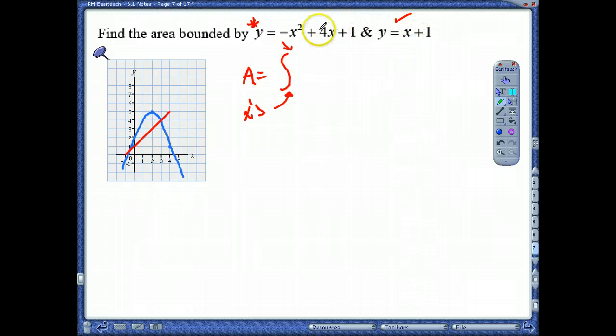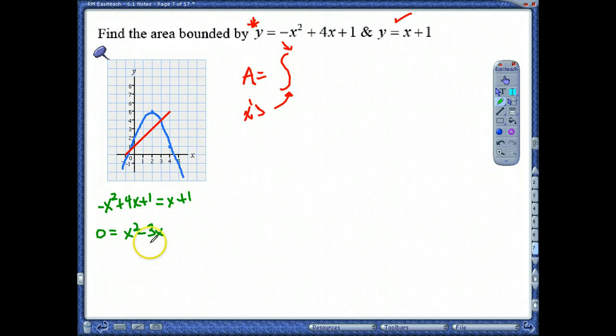So if I set these guys equal to each other and I factor, so you're just doing negative x squared plus 4x plus 1 equals x plus 1. We want to get those all to the same side, so we would add our x squared over. We would subtract 4x, so that's going to be negative 3x, and then we would subtract our 1 over.